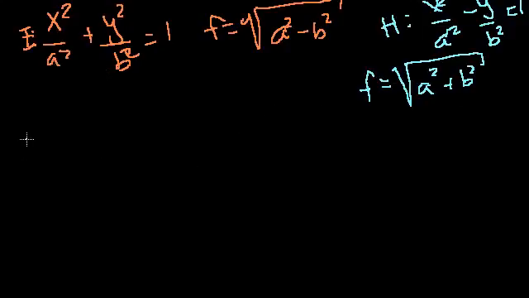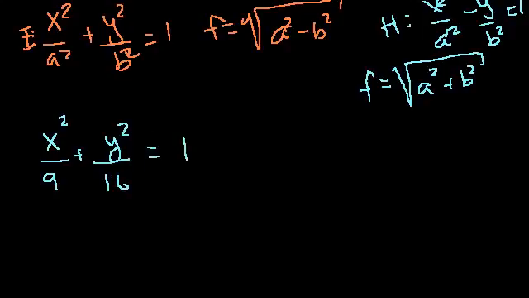So if I were to give you the following hyperbola, x squared over 9 plus y squared over 16 is equal to 1, the first thing we could do is figure out the focal length just by plugging into the formula. The focal length is equal to the square root of a squared plus b squared.